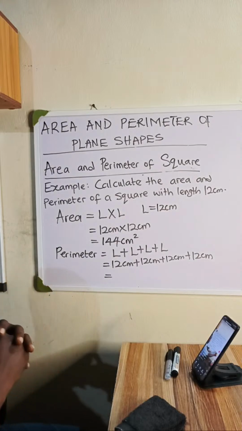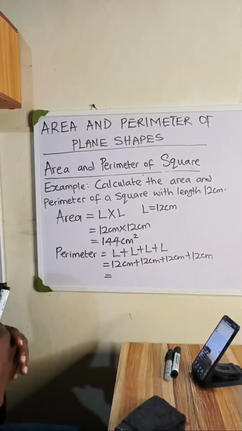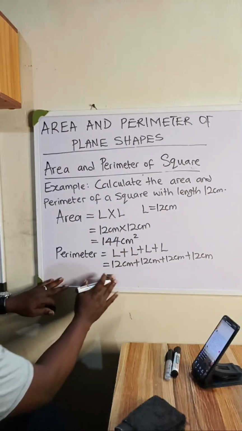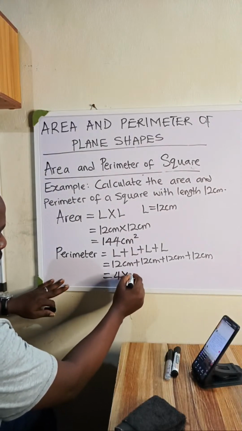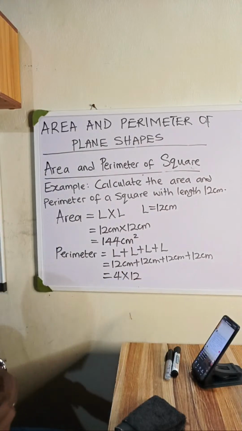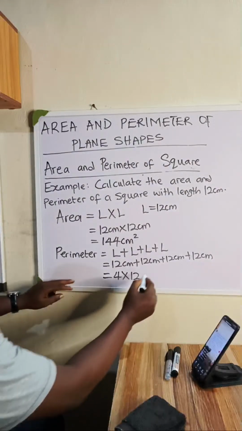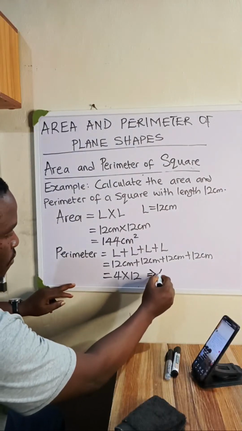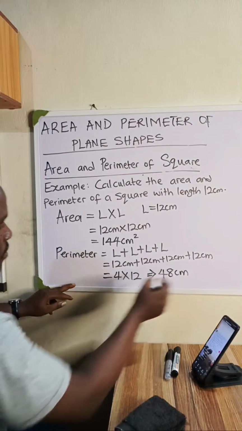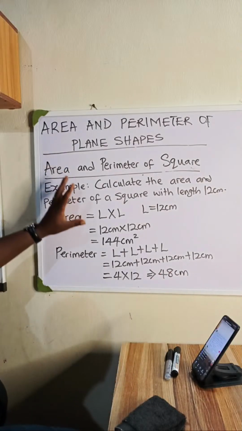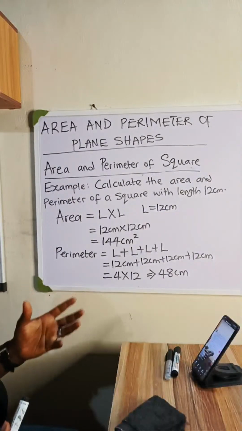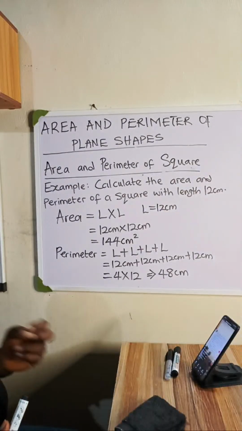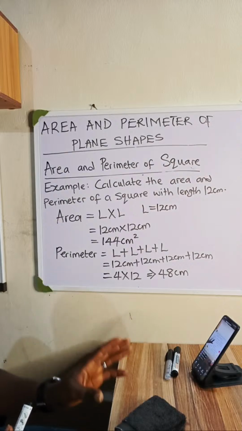Yeah, 4 length, correct. So you can just write it like this, or you can just write 4 times 12, and that will give us 48 centimeters. So for this particular square, the area is 144 centimeters square. The perimeter is 48 centimeters.